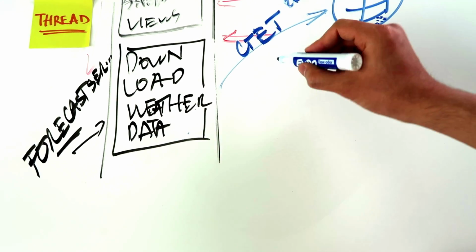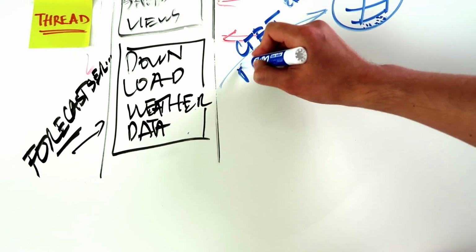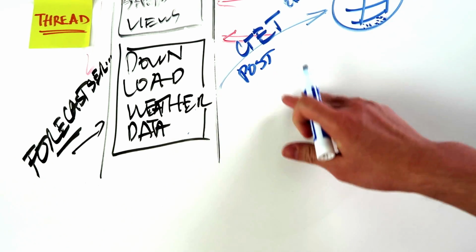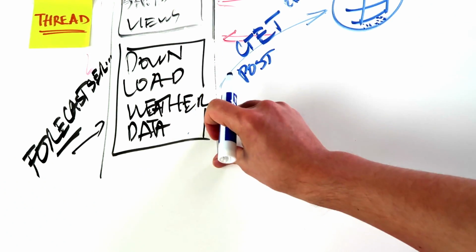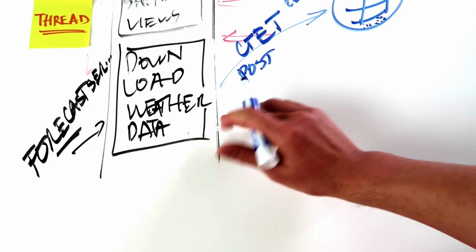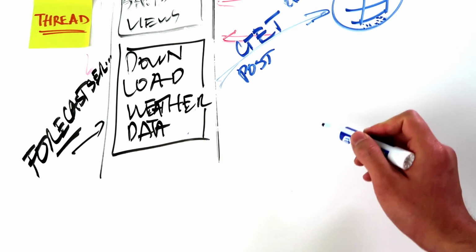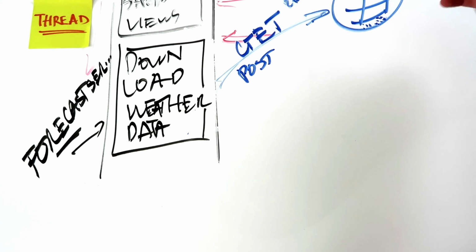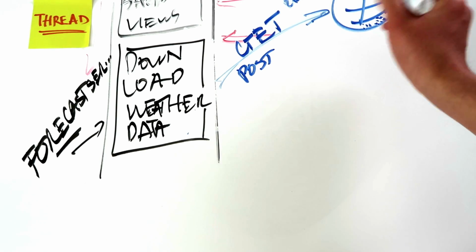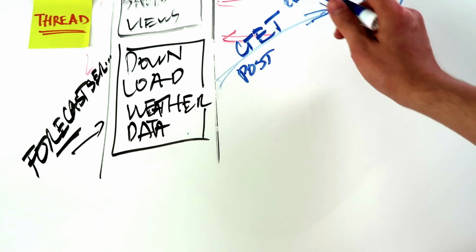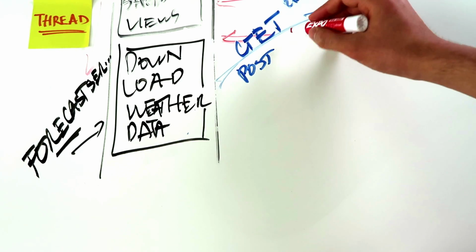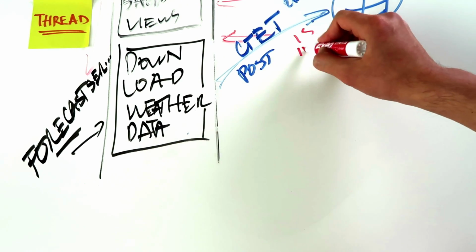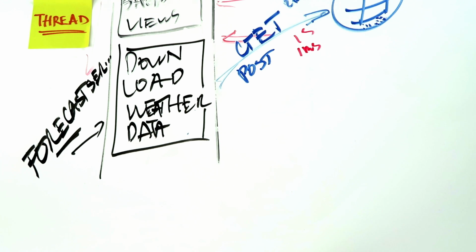In other cases, we can have other requests, like the POST request, which says, hey, I have this chunk of data, an image, a video, some text, and I want to upload it to your server. Next, the process of sending this request alone will take some time, maybe 1 second or maybe 1 millisecond, depending on the quality of your network.